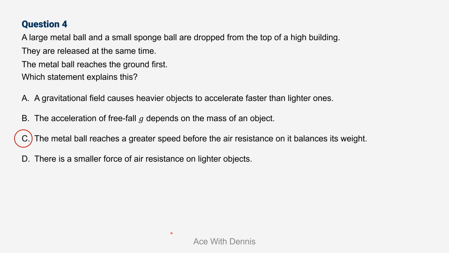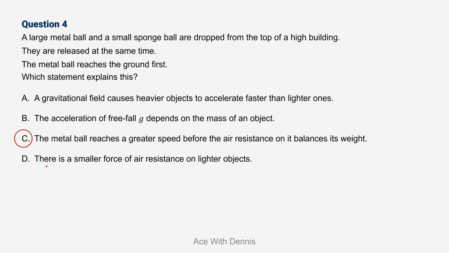So this is the free falling concept. A and B are wrong because the gravitational field does not cause heavier objects to accelerate faster than lighter ones, because g is a constant, equal to 10 meters per second squared. Option B is very similar to option A. The acceleration of free fall g does not depend on the mass of an object. So that's why A and B are wrong.